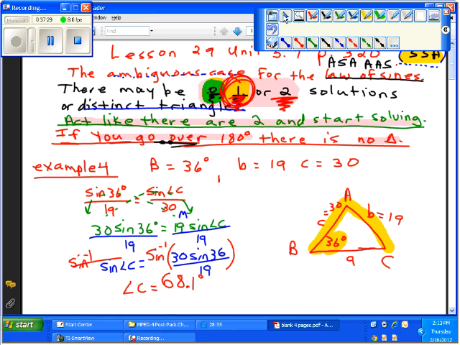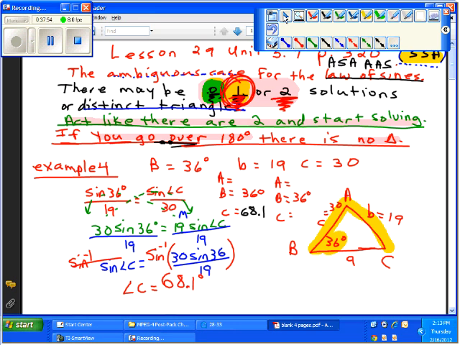All right, so here's my options. A is equal to, B is equal to, C is equal to. B is equal to 36. It's locked in because it was given. Angle C is possibly 68.1.